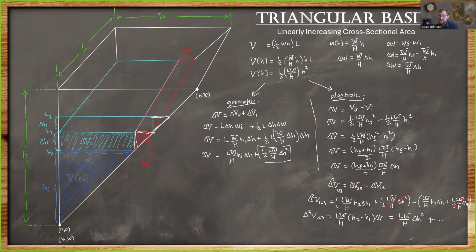So when I squeeze delta H closer and closer, as delta H gets closer to 0, we can simply say that d2V equals length times width over height times dH squared. Then we can divide the dH squared over, because we could have divided the delta H squared over before we limited it and turned it into a differential.